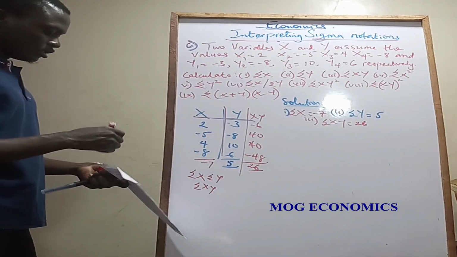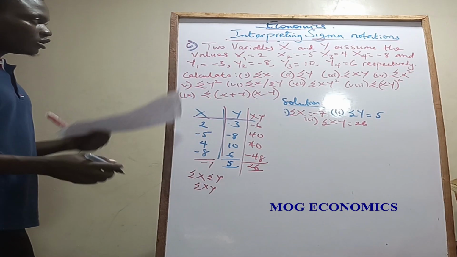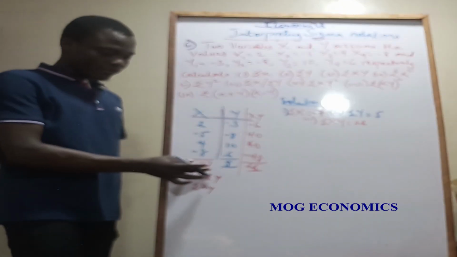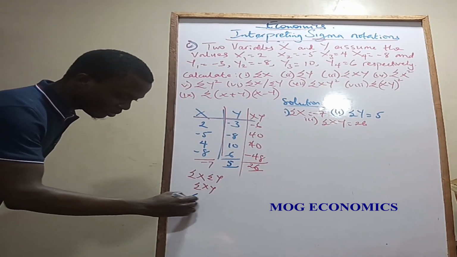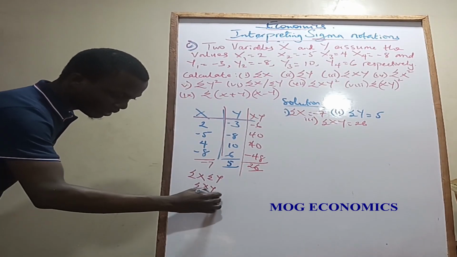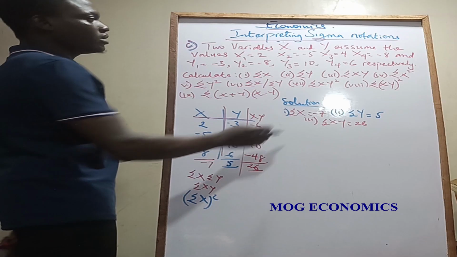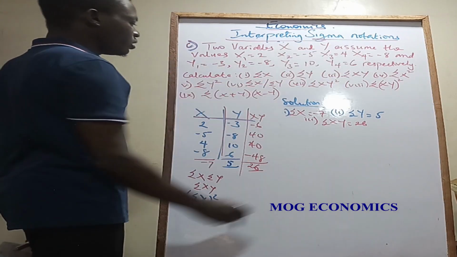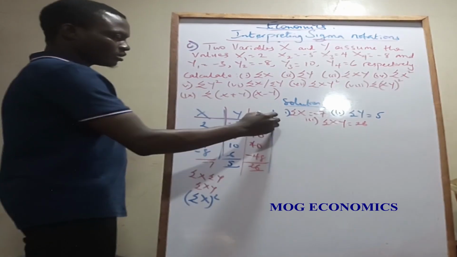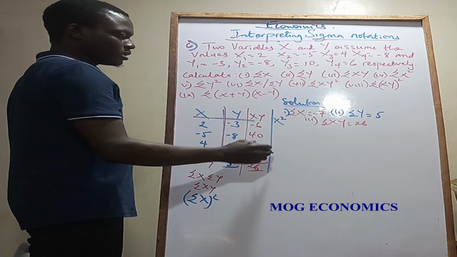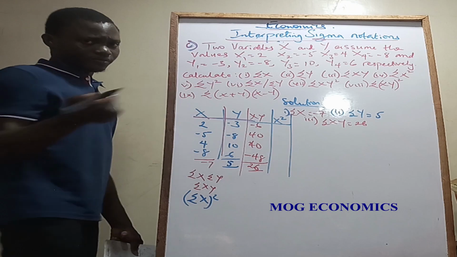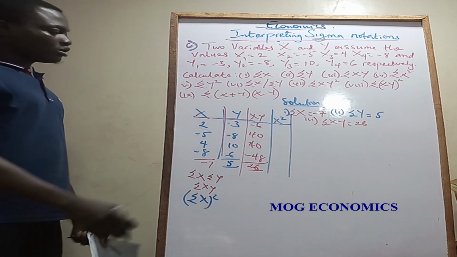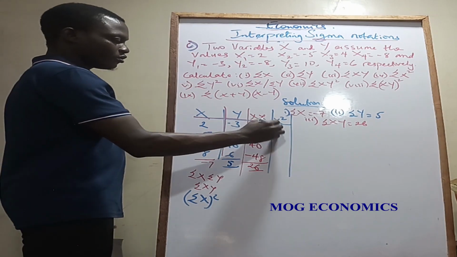Now, the next one says sum of x squared. Which means you don't do sum of x, then square it. That one would be sum of x, then squared. But that's not what it says. It says sum of x squared, which means go and find x squared, then sum it. Are you feeling it? It's not hard. So what's x squared? 2 squared, 4.